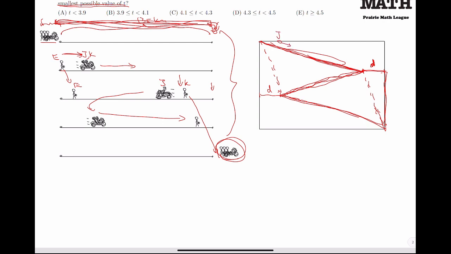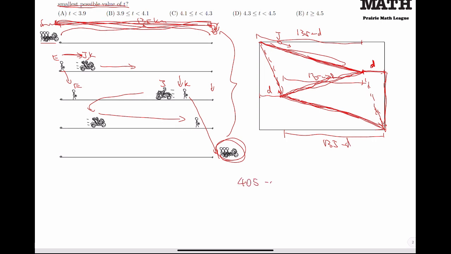And we can also note Ethan's perspective. Ethan walked this distance and then was picked up and then went all the way here. So Jason first went this distance. This is 135 kilometers minus d. Then went this distance, which is 135 minus 2d. And then finally went 135 minus d. So the total distance is 405 minus 4d.